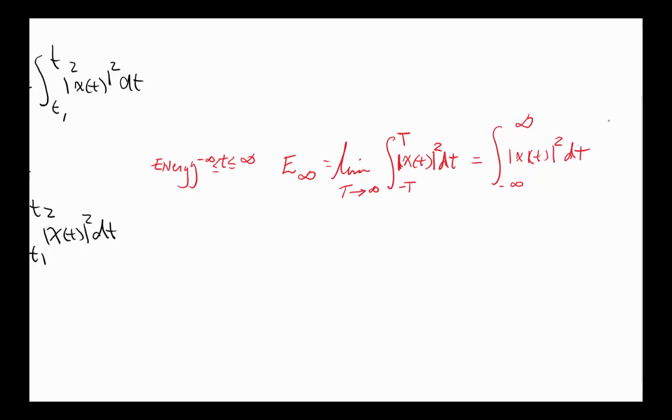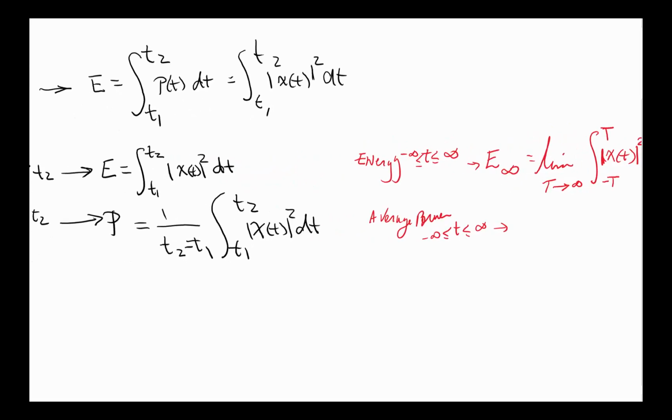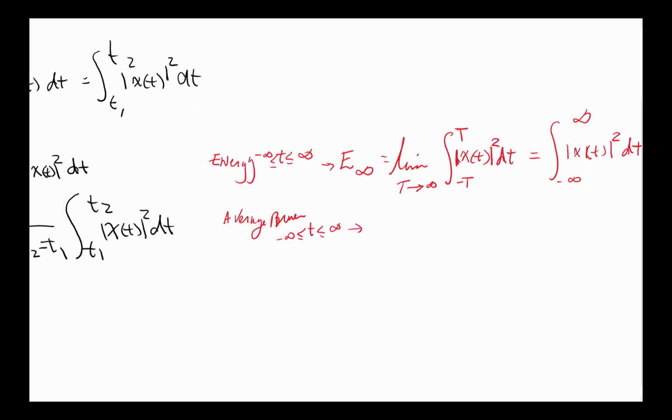Great. Now, how about if they come back and want us to find average power when t is going from minus infinity to infinity? If that's the case, we look at this equation and say, boy, infinity plus infinity, that gets a little bit tricky. So let's write it this way. My t1 is minus infinity, my t2 is infinity.